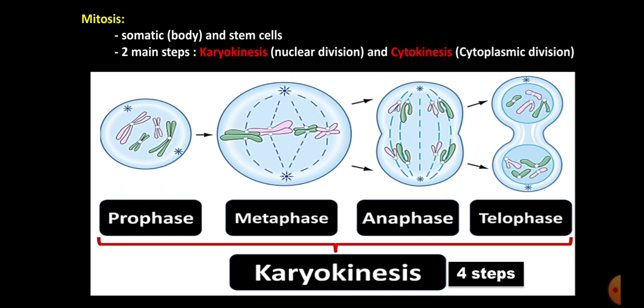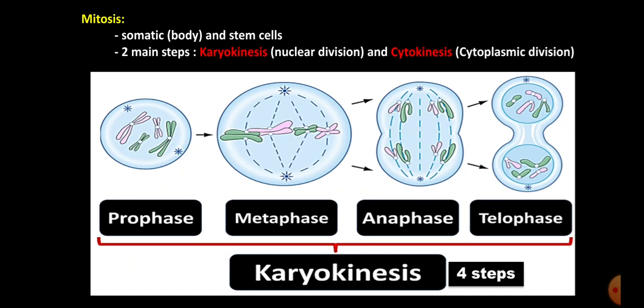Now here in metaphase, the nuclear membrane disappears completely, and the condensation of the chromosomes is completed, and the chromosomes are very clearly visible with the two sister chromatids.